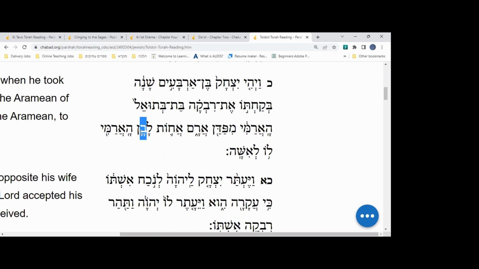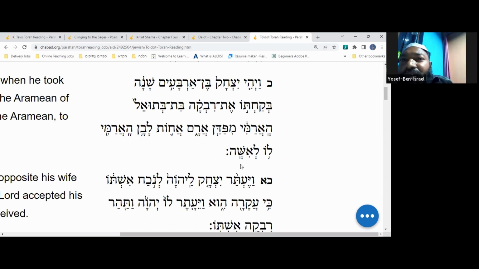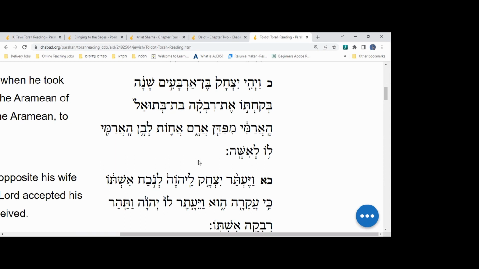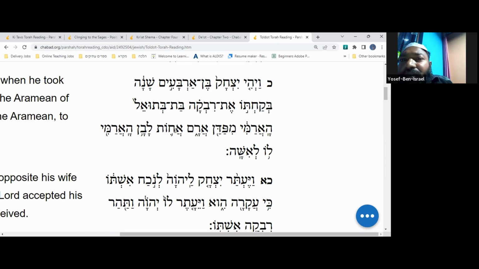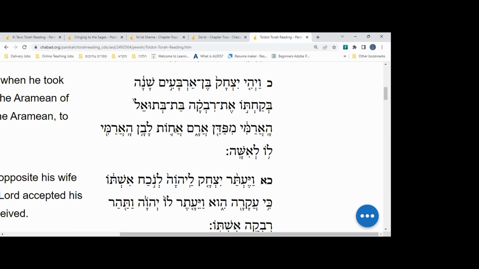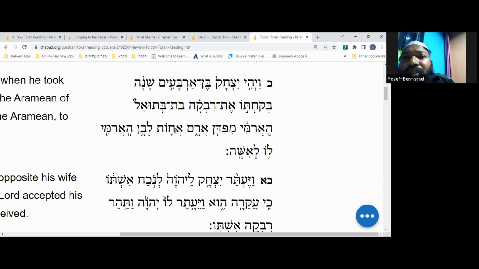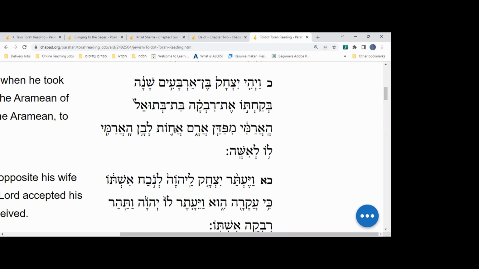The next one, Gimel. Gimel with a dot is G, like the word good. He's a good guy. All right? But if you take a Gimel and you remove the dot, you remove the dagesh, then it becomes Gimel. Just like the vet, which you can make continually when there's no dot in it.